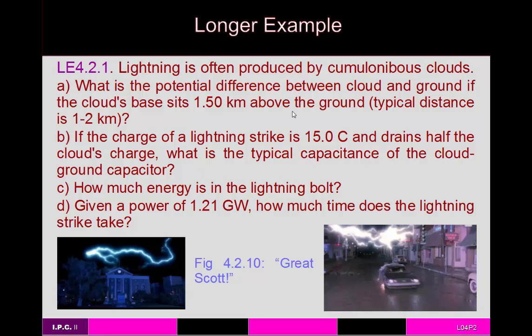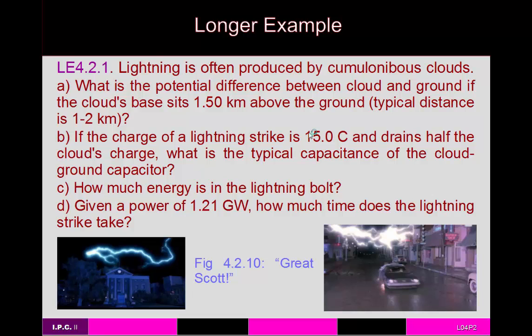So for this example, I'm going to use a lightning strike. Basically, we're going to take a given distance between the cloud base and the ground. It's about 1.5 kilometers, which is pretty close to the typical distance. It's within the range of distances that are typical.